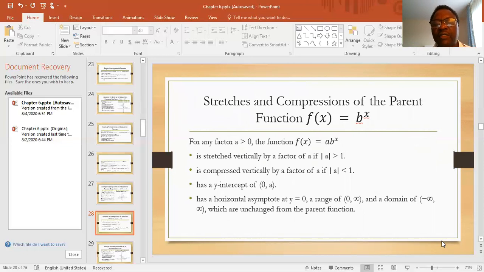So it has a y-intercept (0, a) and has a horizontal asymptote at y equals 0, a range from 0 to infinity, and a domain from negative infinity to infinity. This takes us back to the regular exponential function. So what we are saying so far is that every exponential function could be obtained from the basic exponential function b raised to power x.